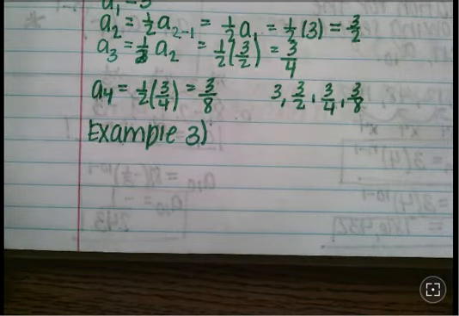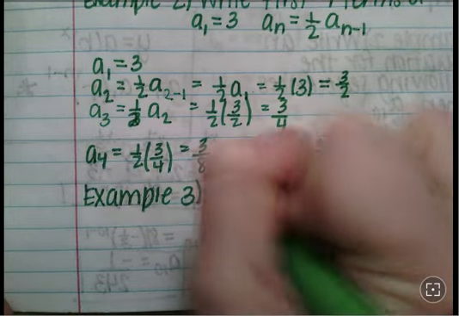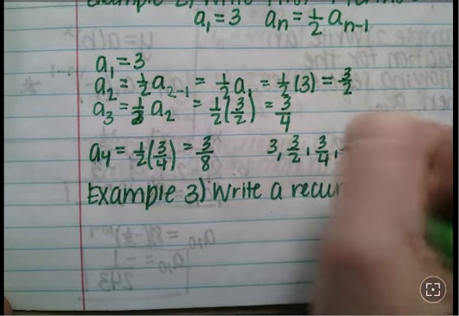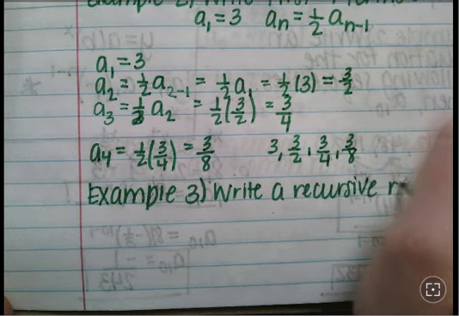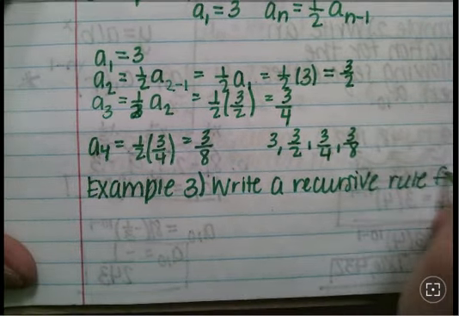Okay? And here on example 3, the directions are going to say, write a recursive rule for, and we're going to do 2.